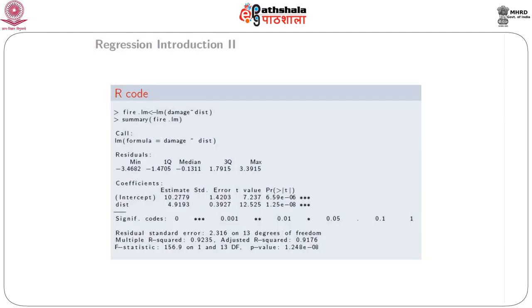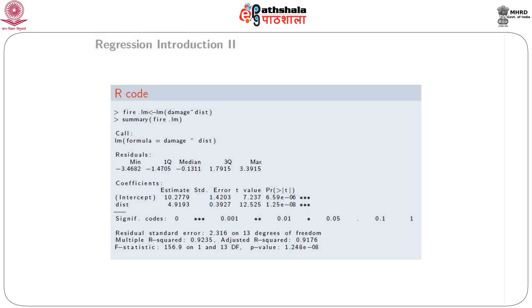And now we have seen the use of the lm function in R before, so I will just go ahead and explain the output that I have obtained by fitting this linear regression model to the data set fire using the lm function. So, when I call the summary of fire.lm, which is the lm function that we have fitted, the output gives me the estimates of the parameters, their corresponding standard errors and p-values.